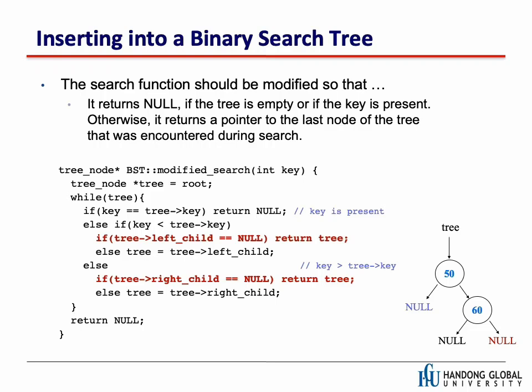For example, in this slide we have a small BST, and if we want to add a new node with the key 45, then the right place is the null pointer in blue. So we just find the pointer for the place.